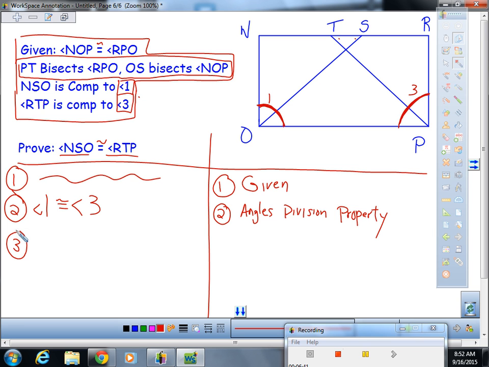And I hope I'm not trying to scare you, but it just gets like a snowball effect in here. Okay, you've got to stay up. Because now most of us understand that angle NSO is congruent to angle RTP because of what? Congruent complements theorem. Boom!